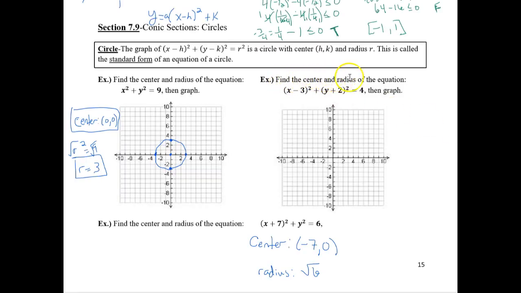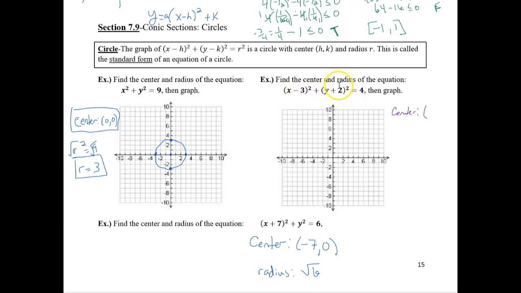Alright, find the center and radius of the equation x minus 3 squared plus y plus 2 squared equals 4, and then graph. So this is in our standard form. We want to find the center first. The center is going to be the opposite sign of what's in with the x and the opposite sign of what's in with the y. So for the x value, I'm going to say positive 3, right?